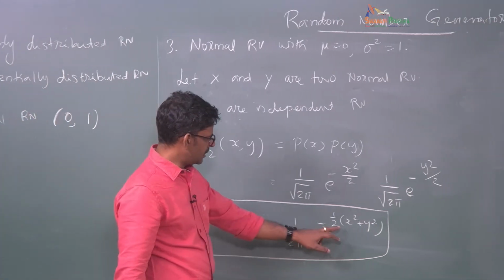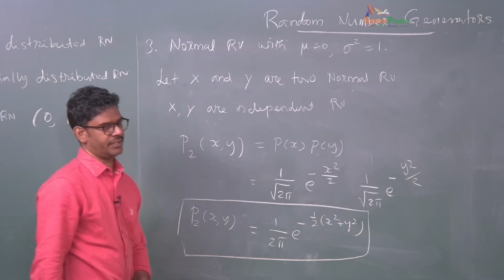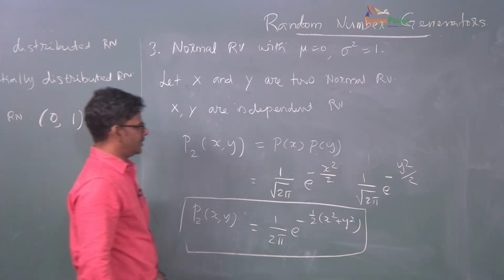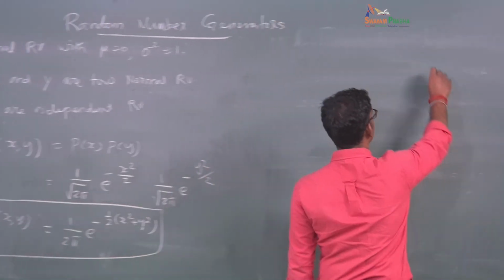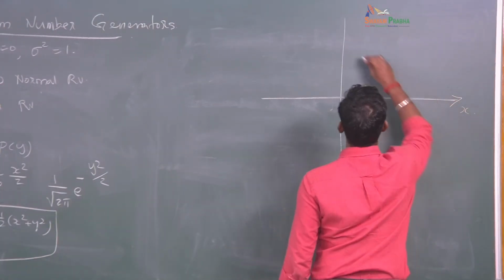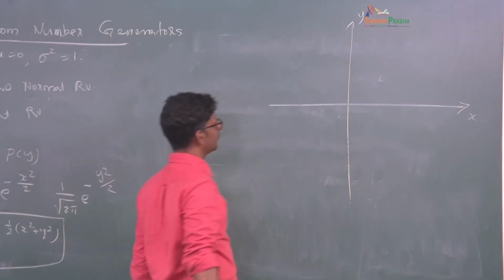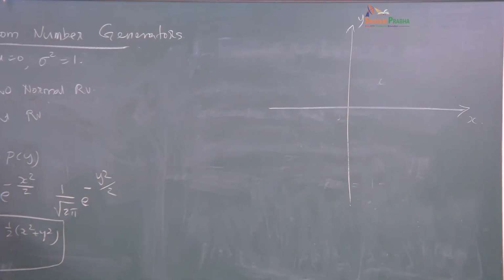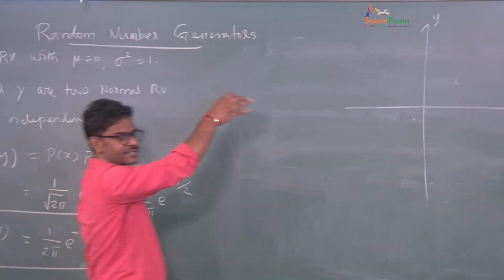Now you see here I have x square plus y square. This can actually be shown in a plot. So suppose this is x and this is y. Any random variable I create from here would be a point in this plane.